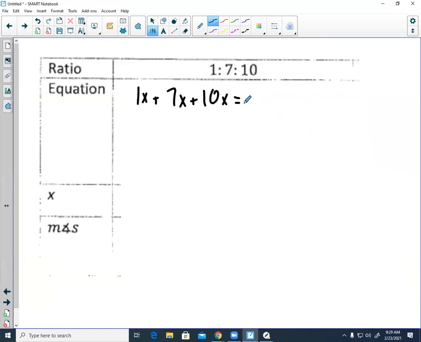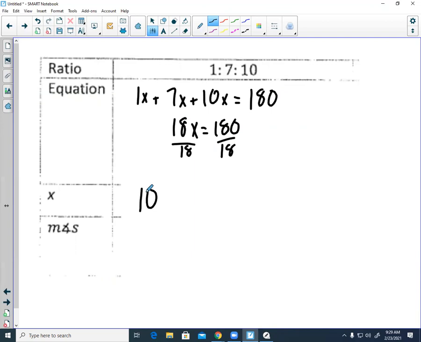All three angles of a triangle added together equal what? 180. Is everybody in here capable of solving that equation? I hope so, right? 1 plus 7 plus 10 is 18. So 18x equals 180. Divide by 18, divide by 18. So I get x equals 10.